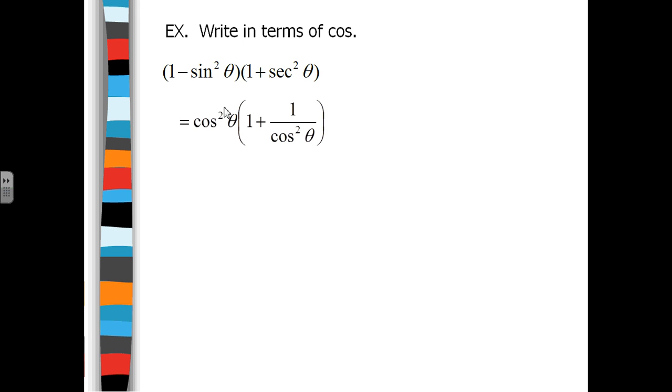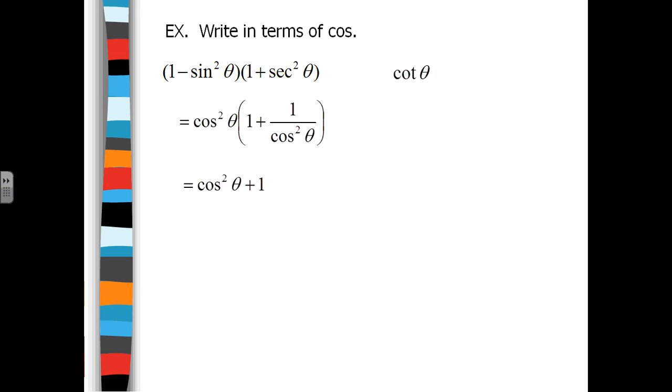Now technically we've achieved what they asked us to. We wrote this in terms of cosine, but there is a really quick little simplification that we can do, and that is to distribute my cosine squared. So if I did that, I end up getting cosine squared plus 1, which I think is a little bit neater to write.